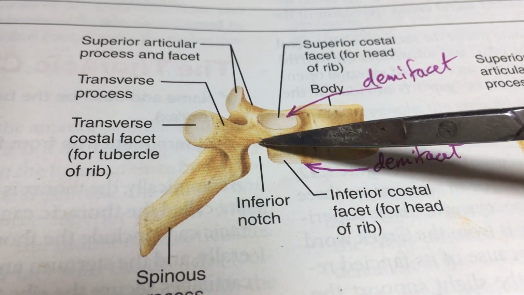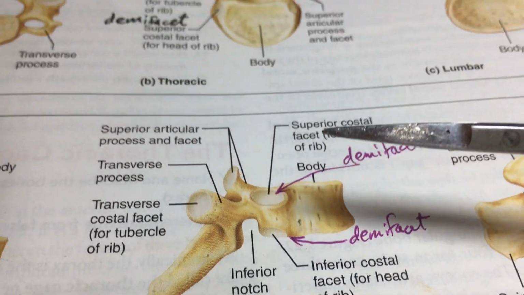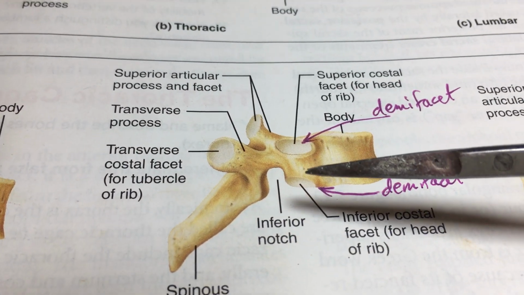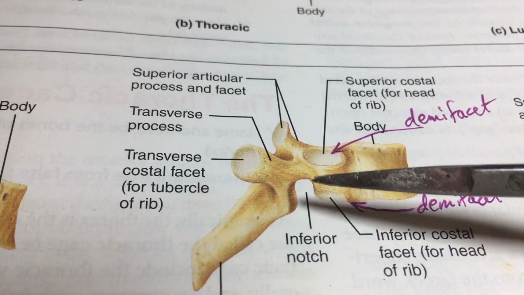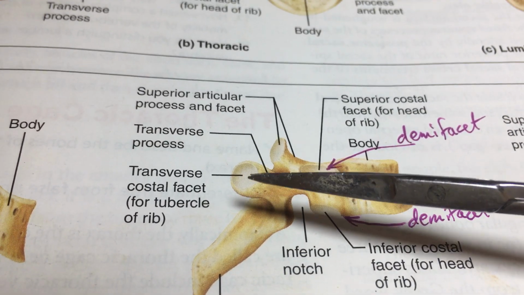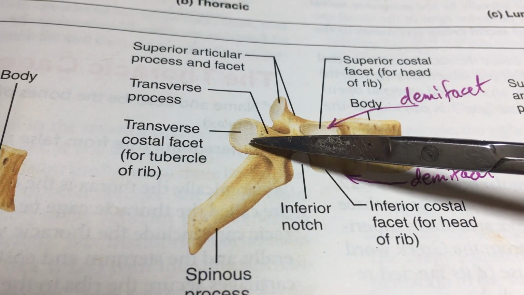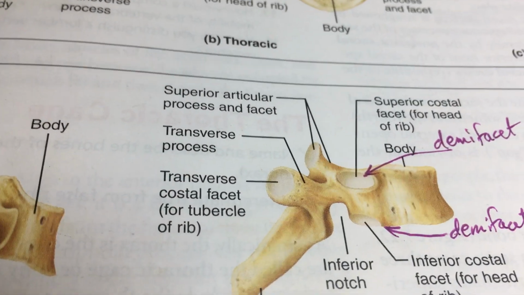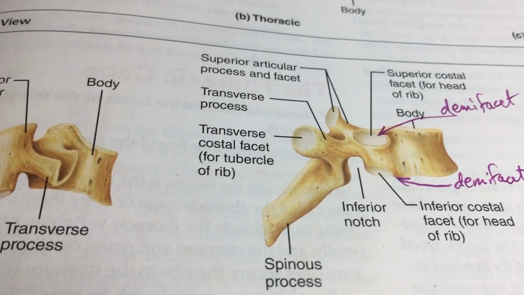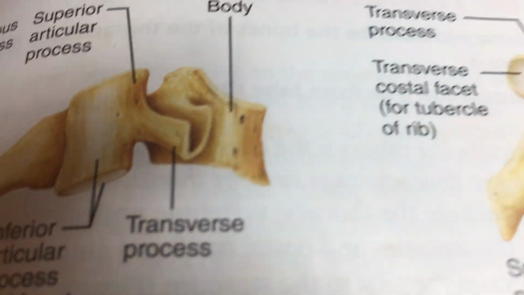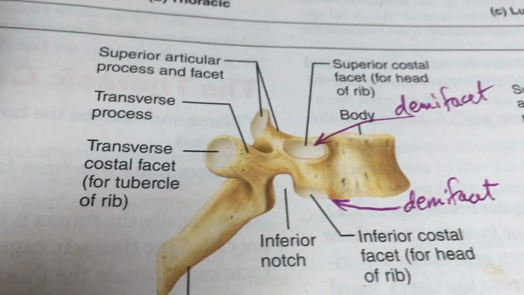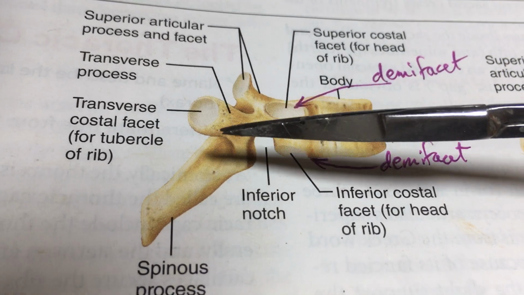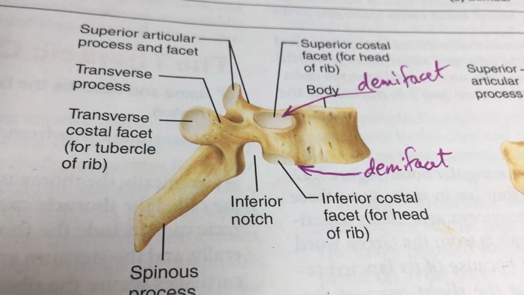Notice we have this nice notch, and that allows the spinal nerve, rather, to go through. And we have the transverse process for the portion of the rib before we get to the head that makes contact there.